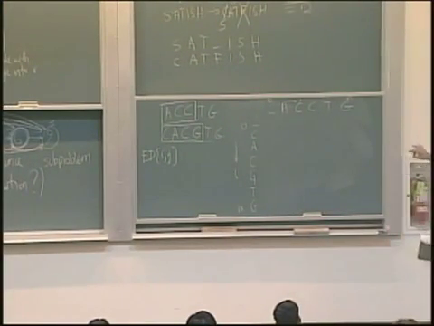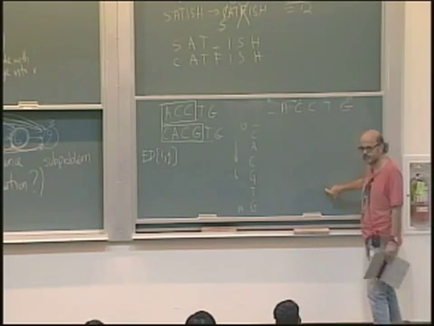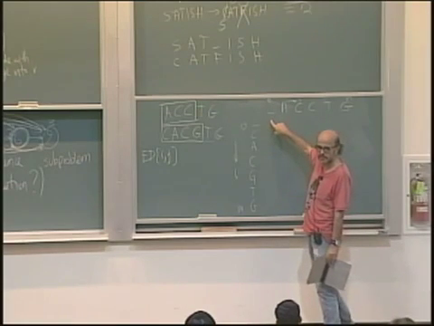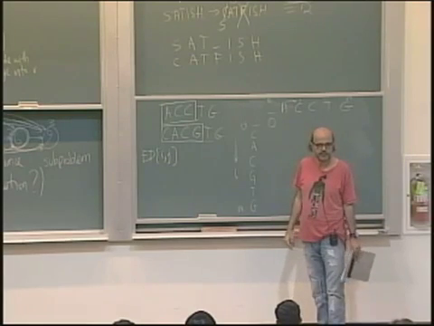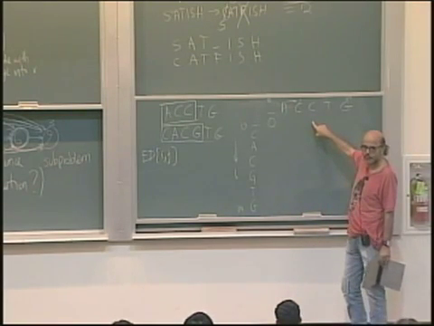So, I look at this and I say, what do I know? Do I know anything? Okay? Do I know any of these numbers? Do I know this number, this number, this number, this number? No. Do I know this number? What is it? Excellent. Do I know this number? 1 or?